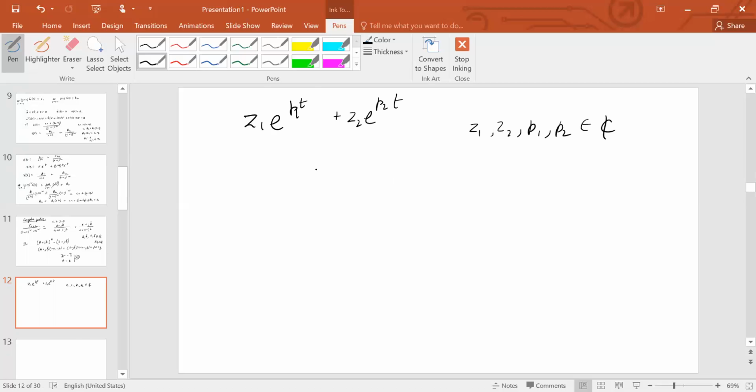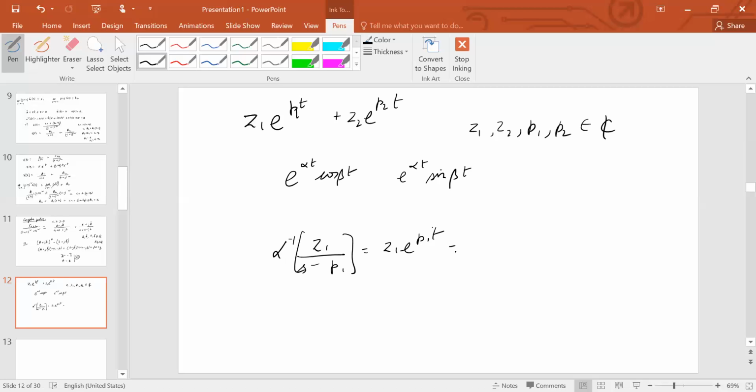All right, and then you will see that this eventually yields terms such as e to the power alpha t cos beta t and e to the power alpha t sine beta t when you take the Laplace inverse. Why so? Because if you have z1 over s minus p1, it is nothing but z1 times e to the power p1t, the Laplace inverse of this.